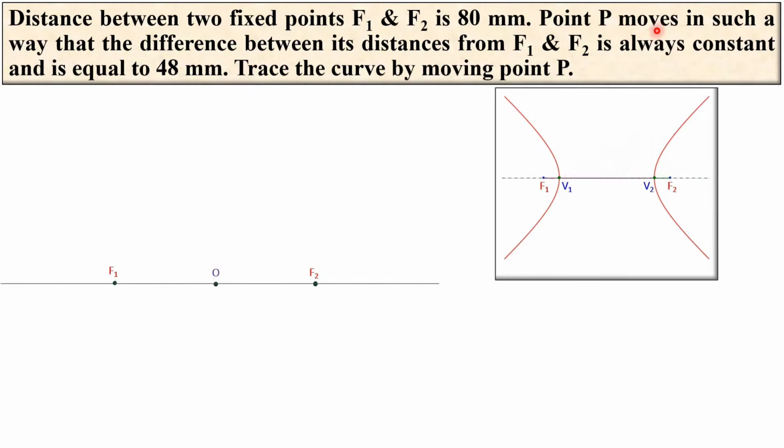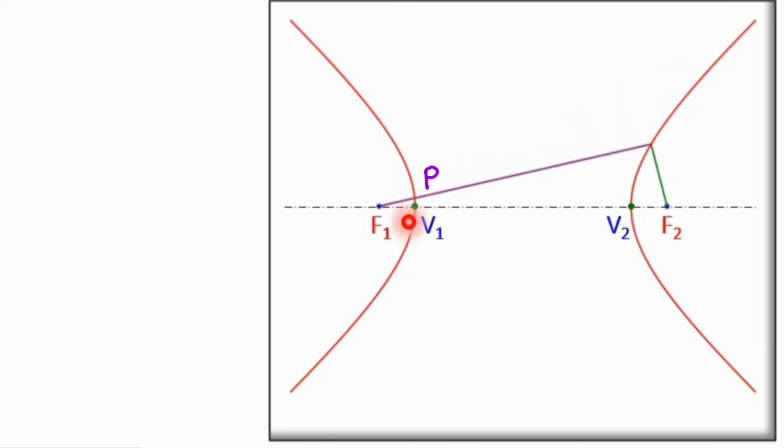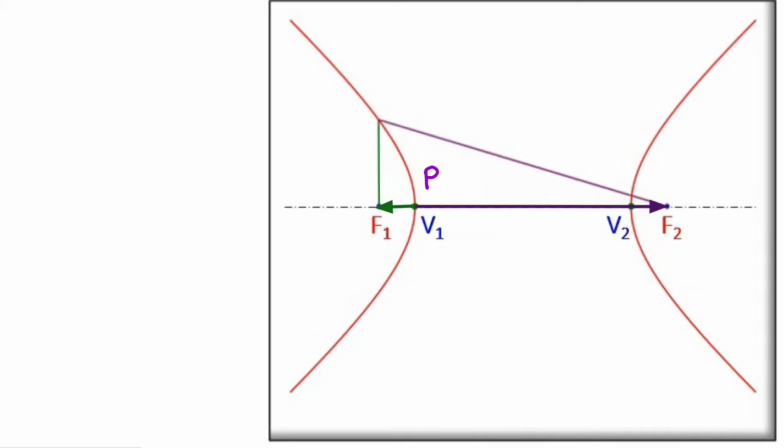Next, point P moves in such a way that the difference between its distances from F1 and F2 is always constant. So this is actually the P point. The difference between PF1 and PF2 is always constant, and that is equal to 48 mm.